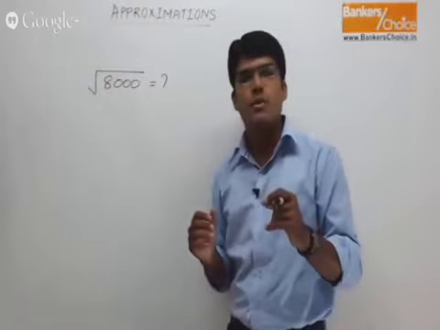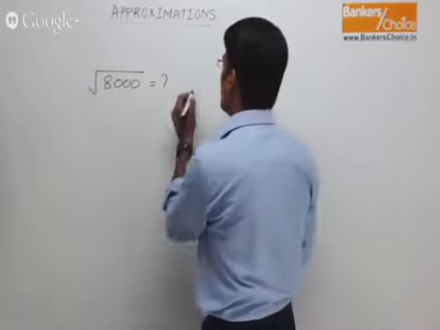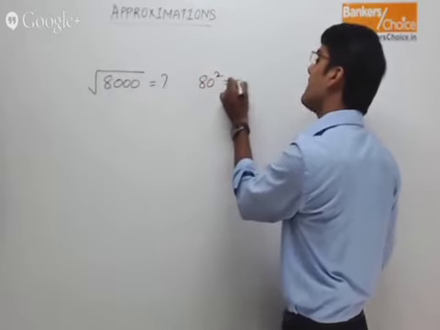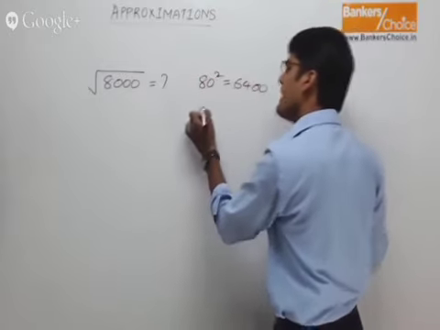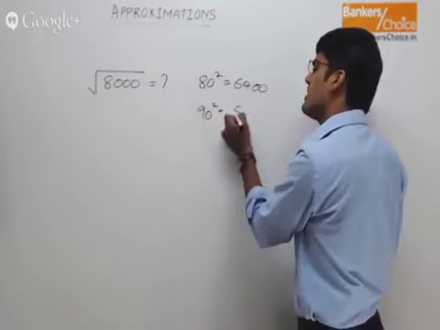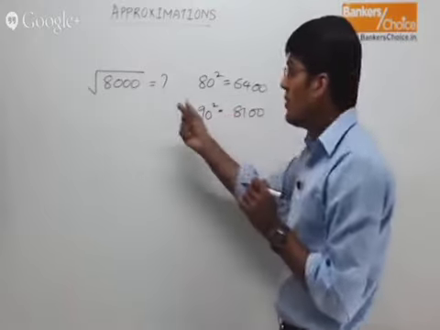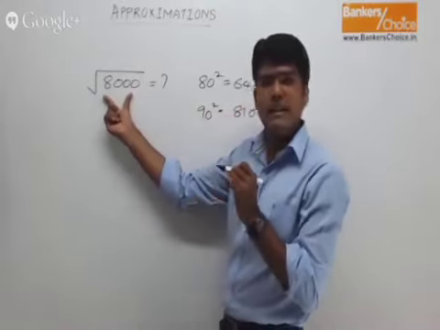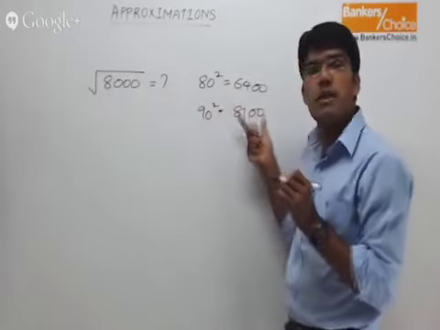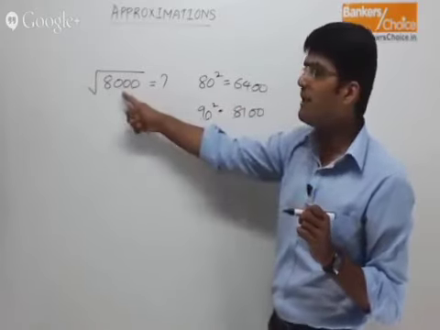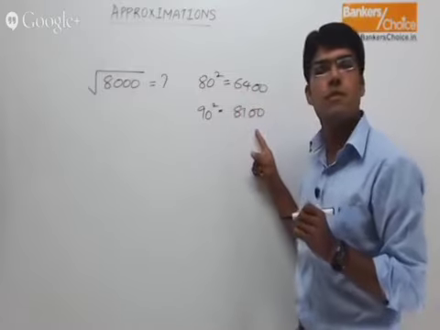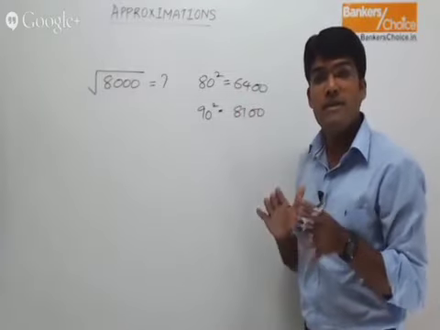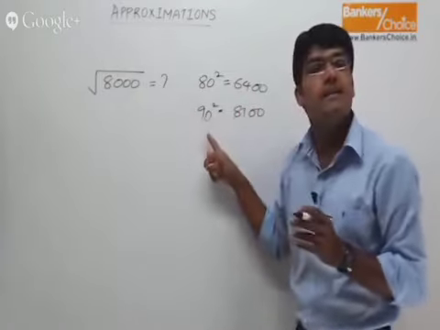Let's go with 80 squared. You know that 80 squared is 6400, and 90 squared is 8100. Now if you look at the given number 8000, clearly it lies between 6400 and 8100. So obviously the square root should be between 80 and 90.